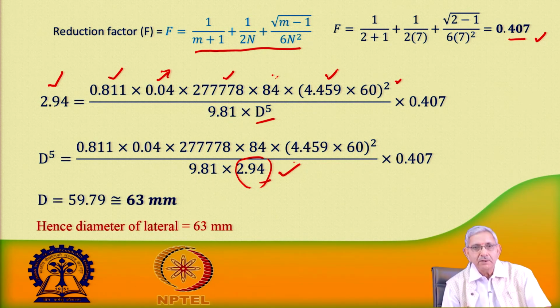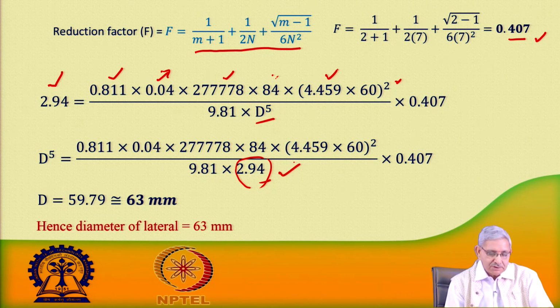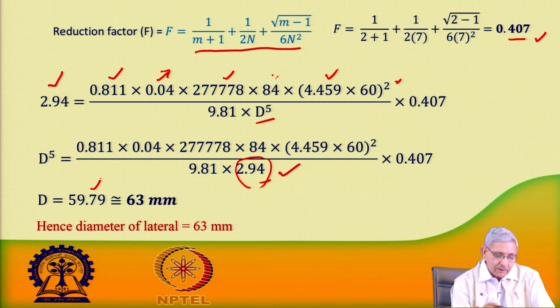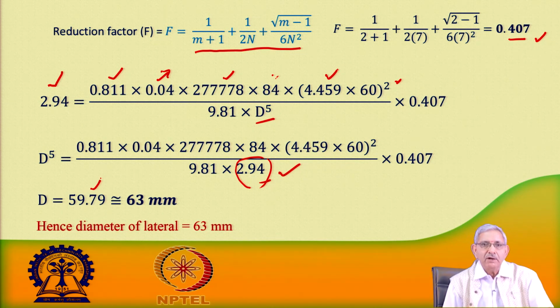We estimated and found that this comes as 59.79 millimeter. Now, in the market these pipes are available in different diameters, but it cannot be any odd number; they are of standard size.